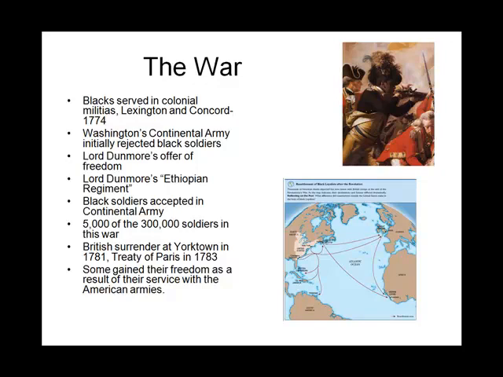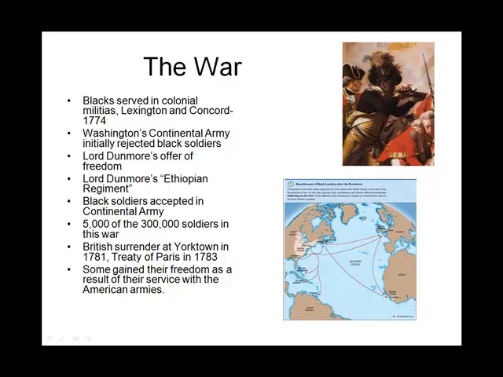Blacks also served in the state navies. Some blacks gained their freedom as a result of their service, either with the Americans or with the British. And when the war ended, thousands of blacks, slaves and free, left the United States with the British. The little map down in the corner gives you some idea of where they went after they left.